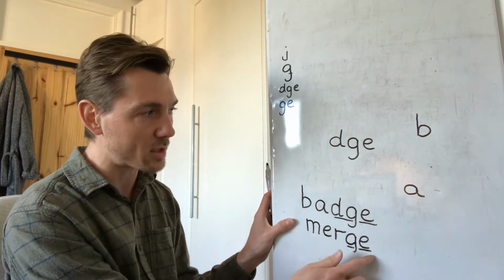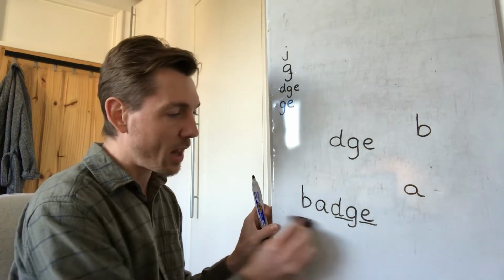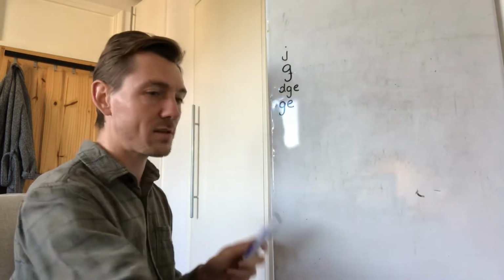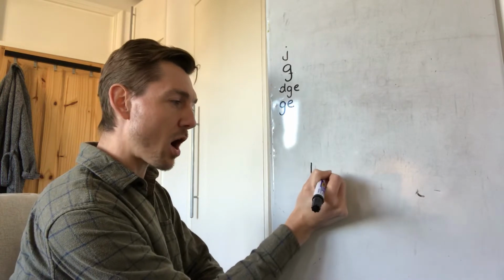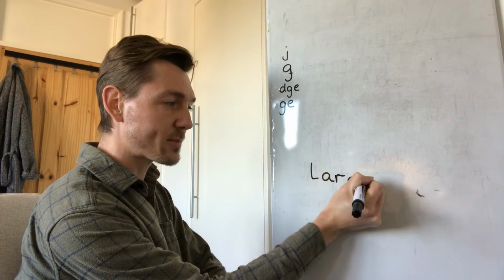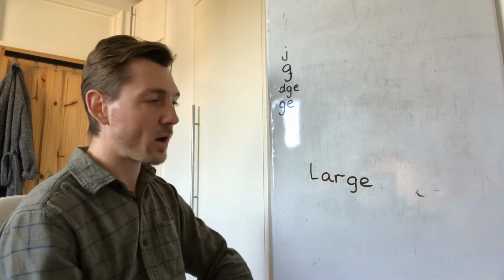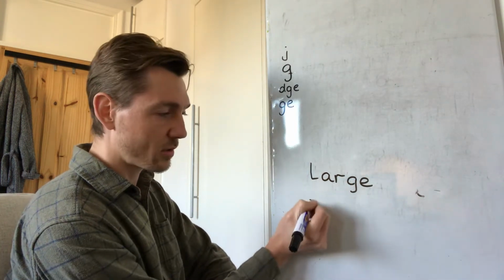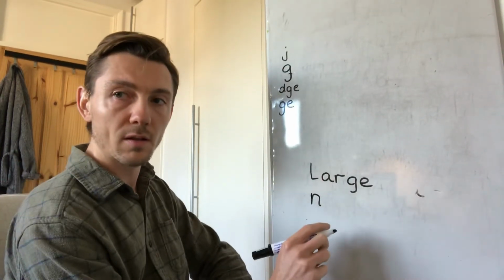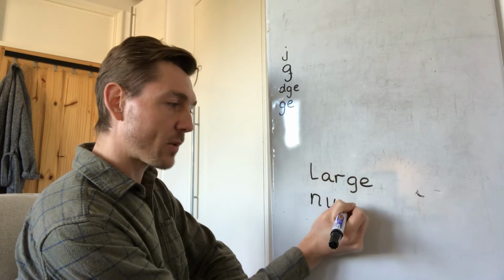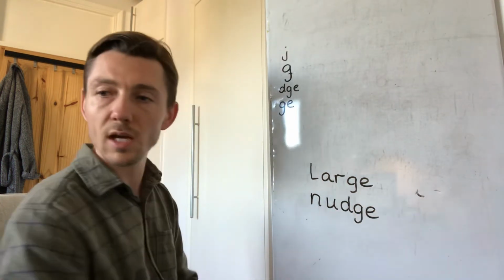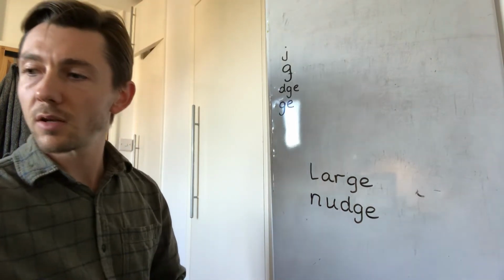J, merge. So therefore, that's why large with its longer vowel sound, l, r, ends with that GE spelling of j. And it's why in the word nudge, with a shorter vowel sound, we have the DGE spelling, because it's a shorter vowel sound.